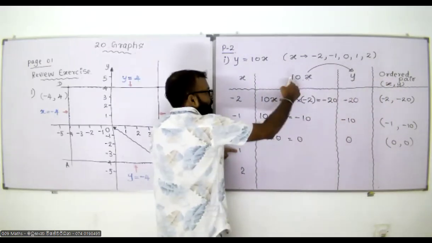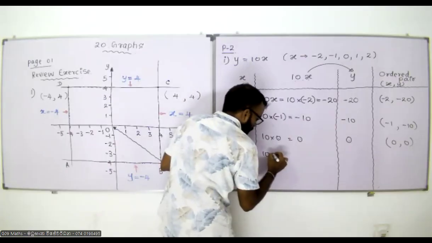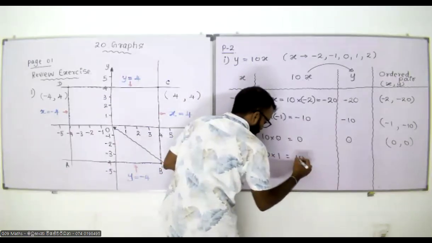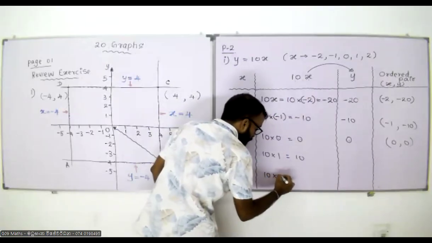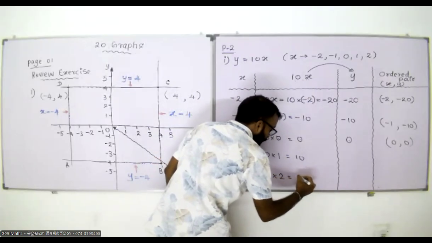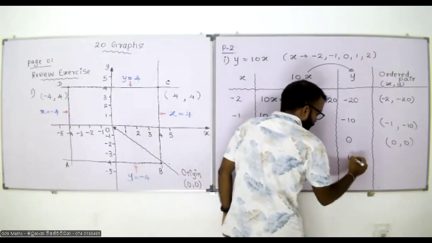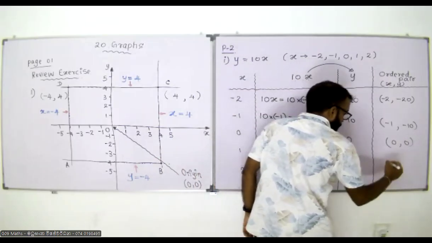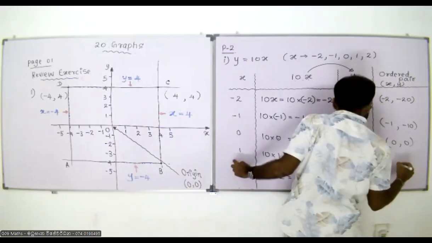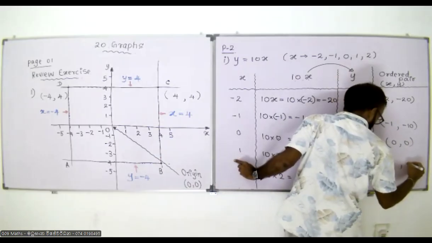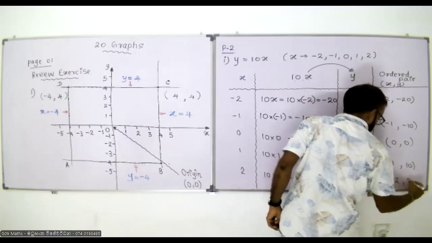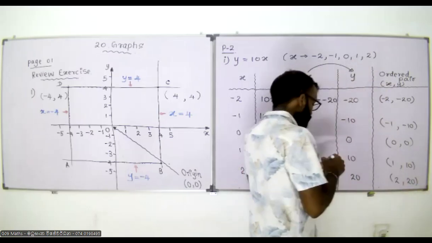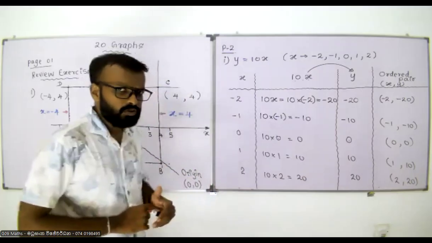For 1, 10 times 1 is positive 10. For 2, substitute, 10 times 2, 20. So here x is 1, y is 10. X is 2, y is 20.